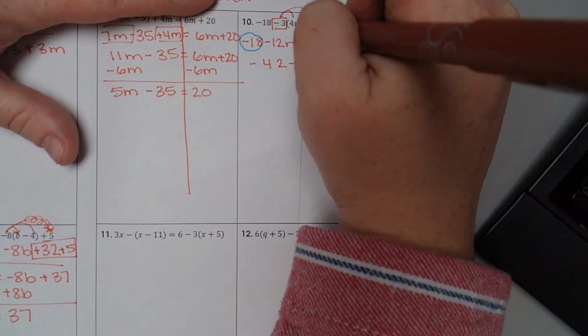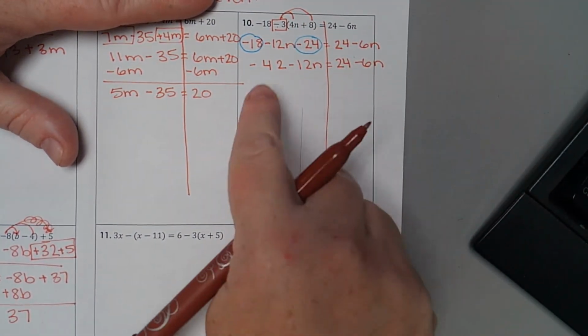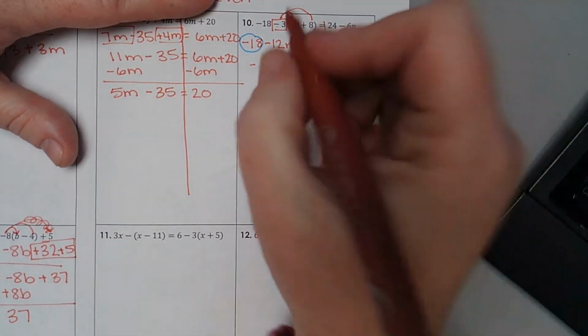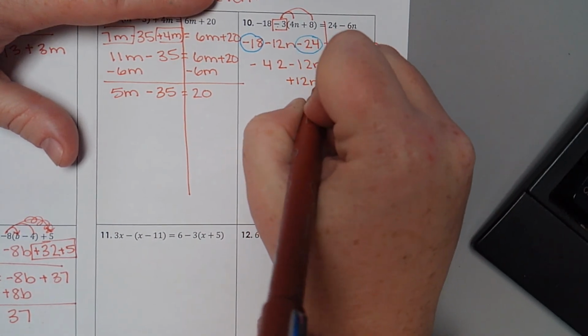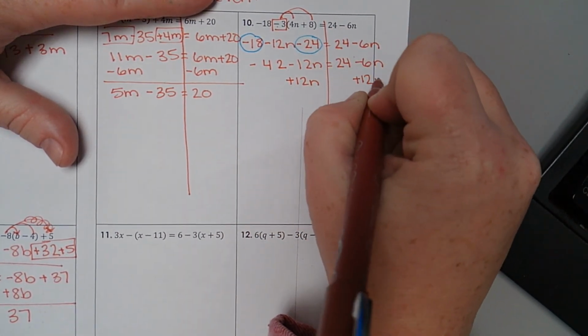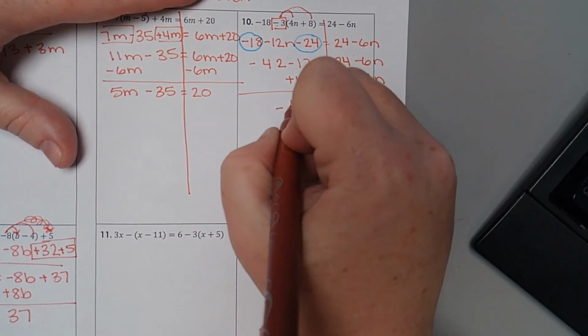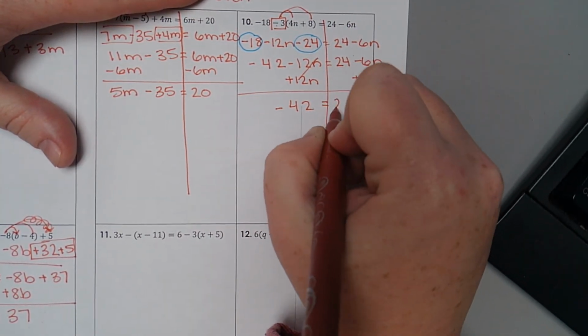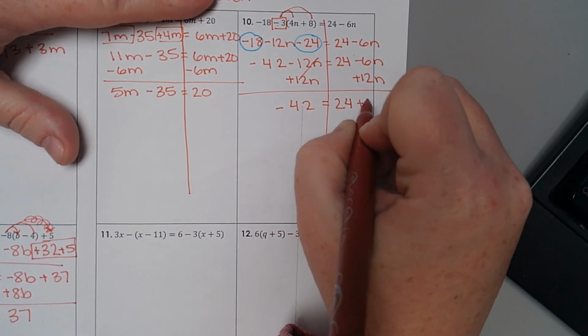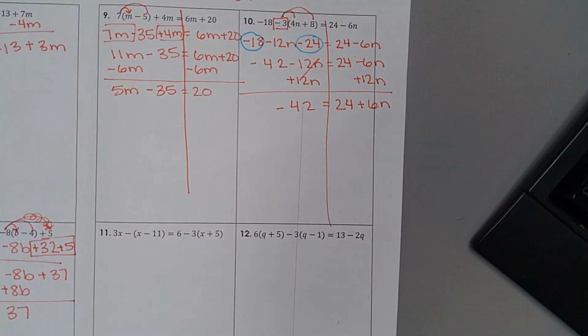Now I should have drawn my line. I need to get my variables to one side. Negative 12 is smaller, so I'm going to add 12n to both sides, leaving me with negative 42 equals 24 plus 6n. You now have a two-step problem.